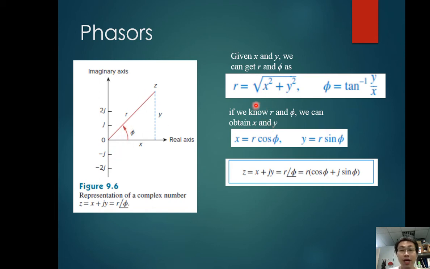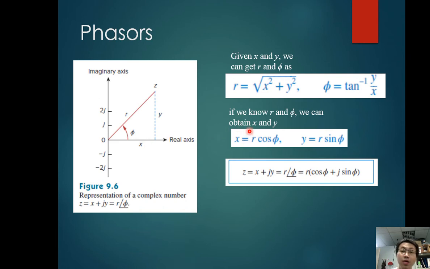Okay. So given x and y, we can get r and phi as below. So r equals the square root of x squared plus y squared. We're using the Pythagoras theorem. If I want to find r, it is the square root of x squared plus y squared. And my phi is arctangent of y divided by x.